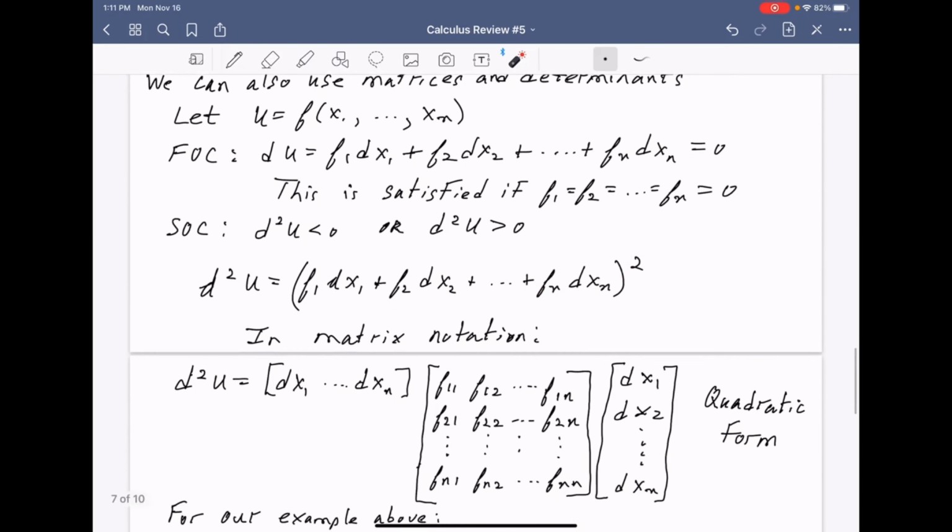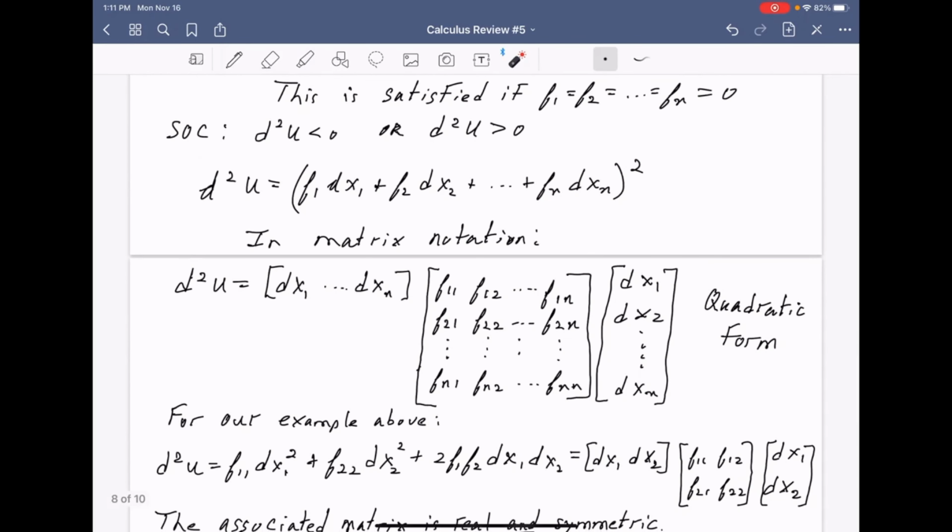So we can convert this into matrix notation, which we do here. So we get dx1 ... dxn. This is our matrix here, which is f11, f12.